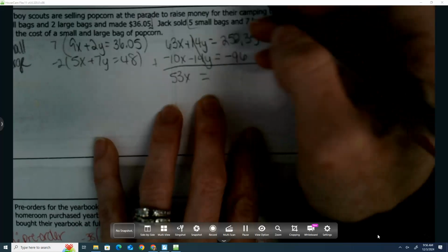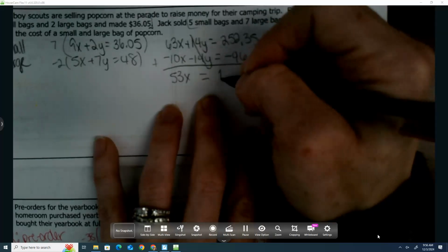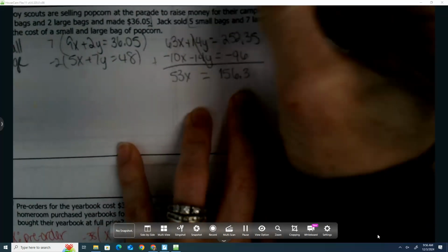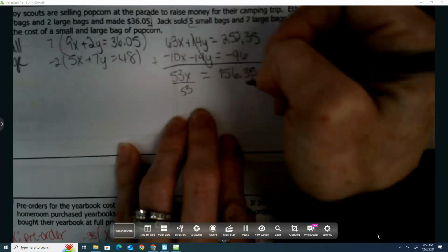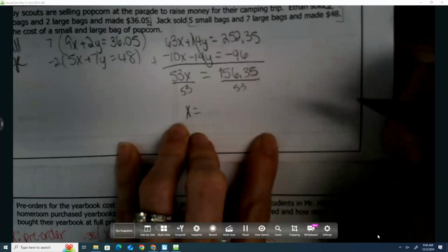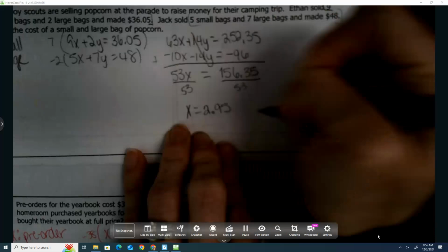252.35 and negative 96 gives me 156.35. And we divide by 53, and we get 2.95.